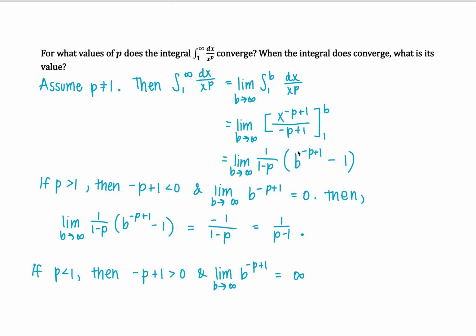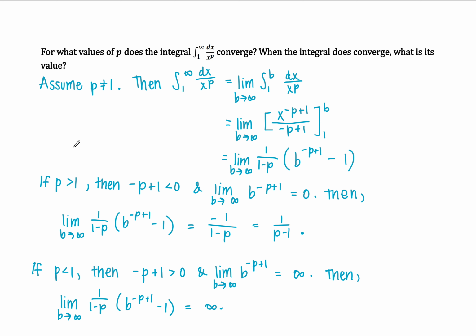So if this goes to infinity, so does this whole thing. And again, it just takes me one moment to write all this out. So it's going to diverge. So if p is not equal to 1, we have taken care of all the cases. If it's greater than 1, it will converge to 1 over p minus 1. If that p-value is less than 1, then it's going to diverge.